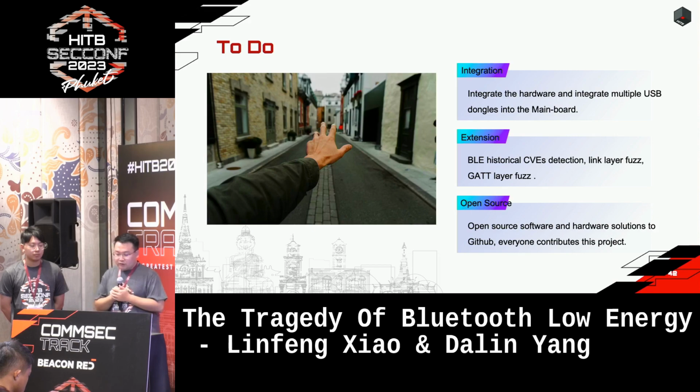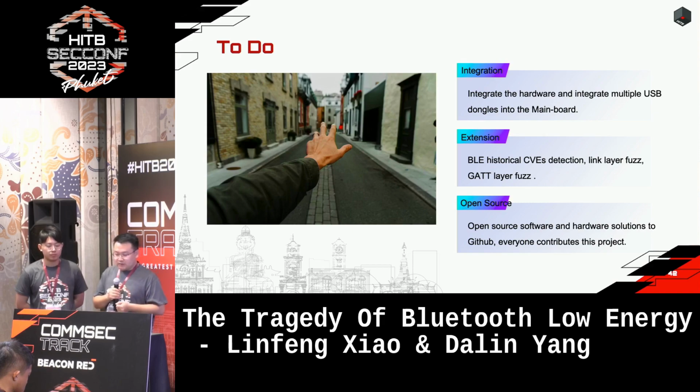In the future, we want to make the tools more and more intelligent. As mentioned above, this tool uses many modules, and we hope to integrate them into one main board.